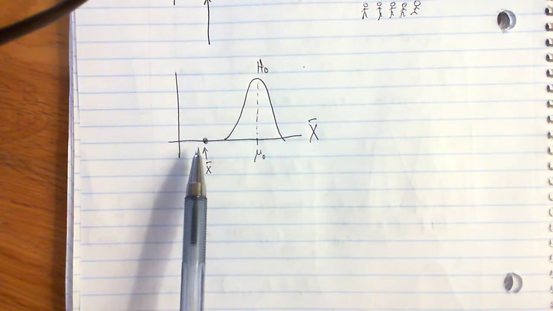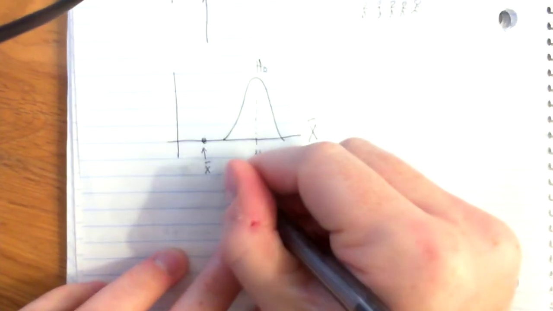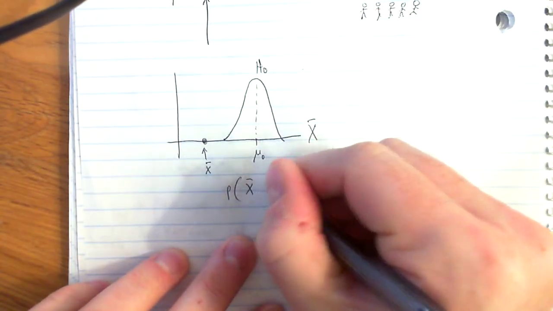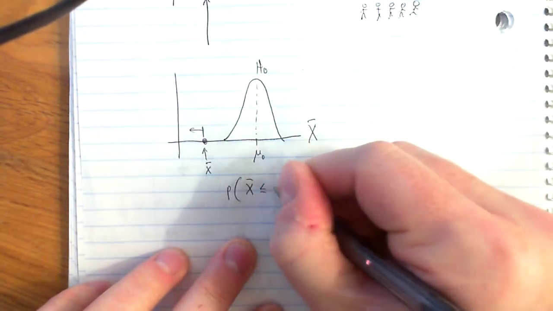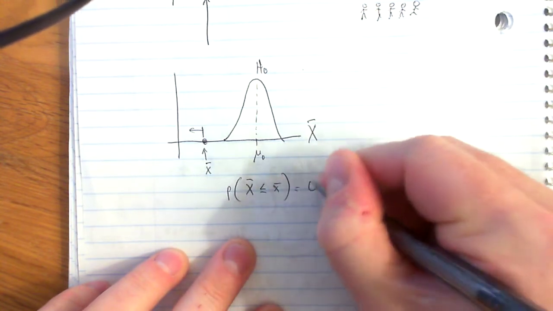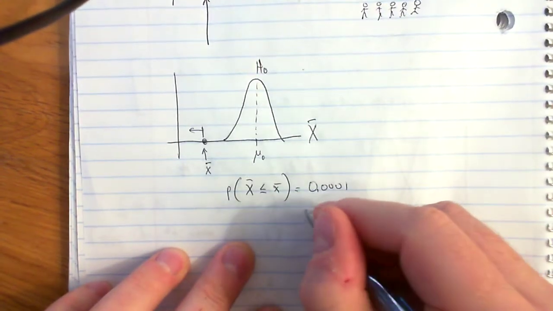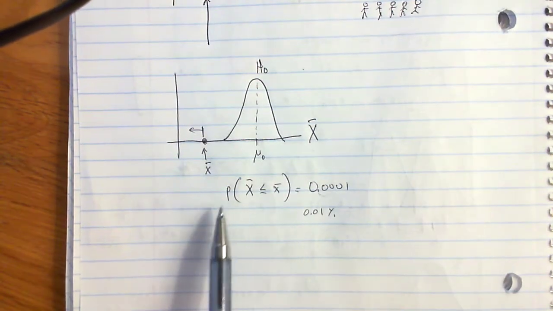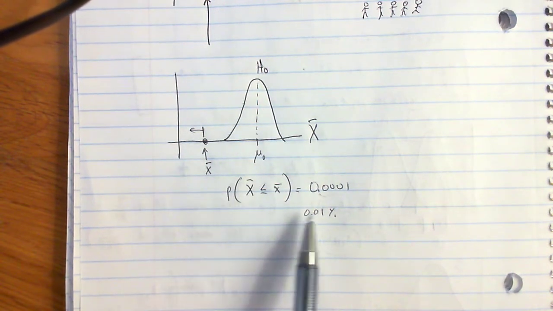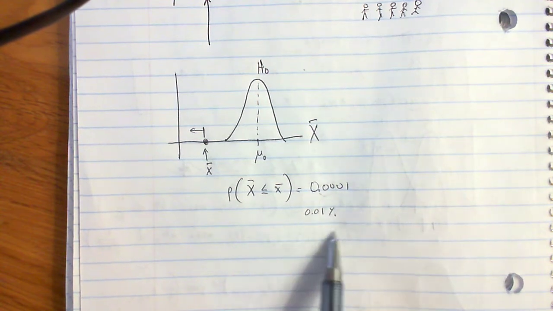How likely is this event? Let's say the probability of X bar being here or less, little x bar, let's say that probability is 0.0001, or 0.01%.